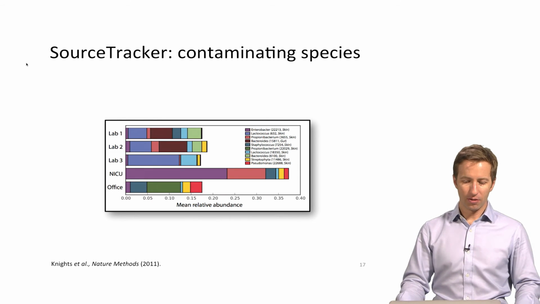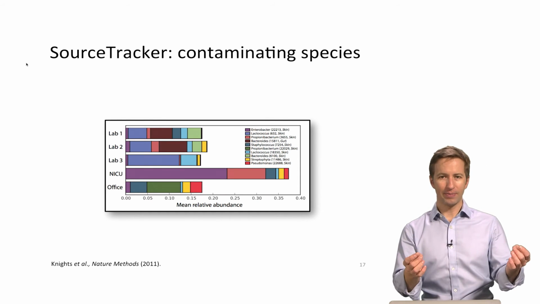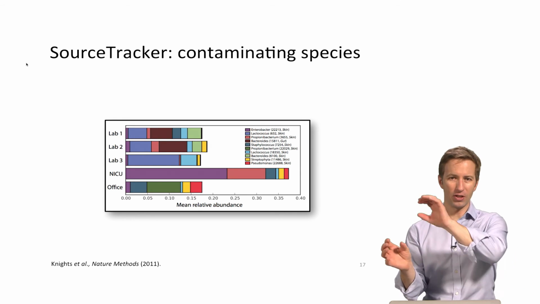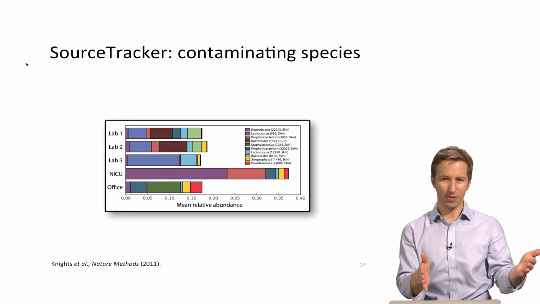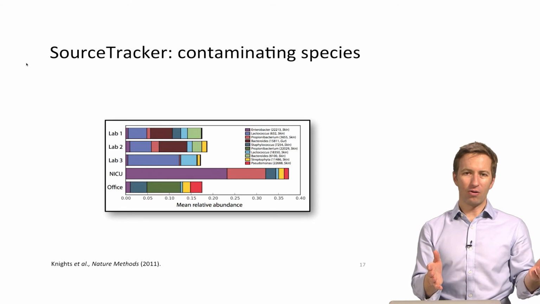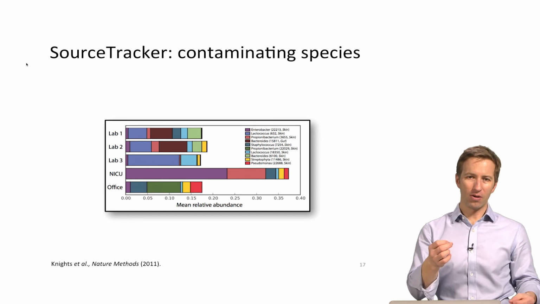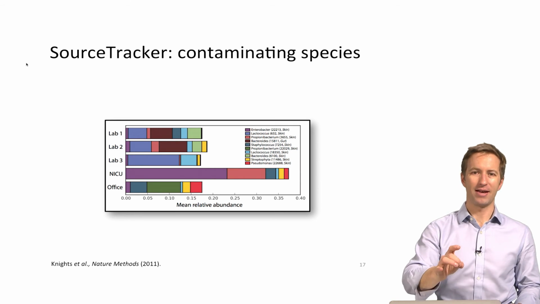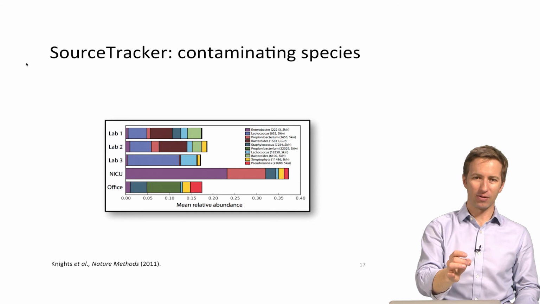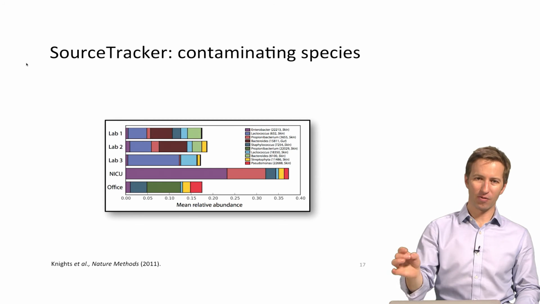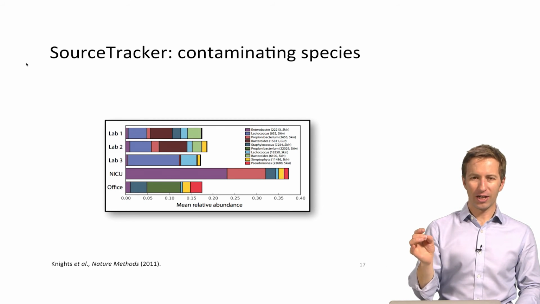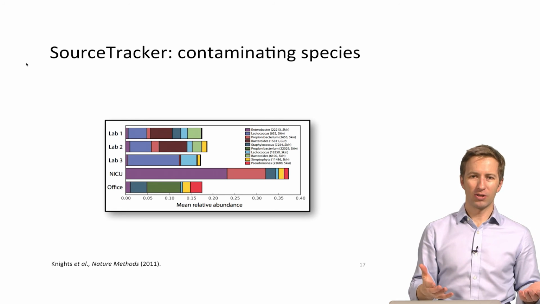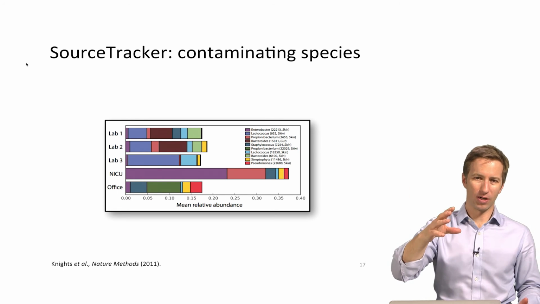The other nice thing you can do is when you take a snapshot of the contributions of each source environment to the sink sample, you have not only the mixing proportions, but you know how many of the observations of this particular species came from source 1, how many of those observations came from source 2, how many came from unknown. And then you can actually ask the question, what were the bugs that were most contaminating from source 1?